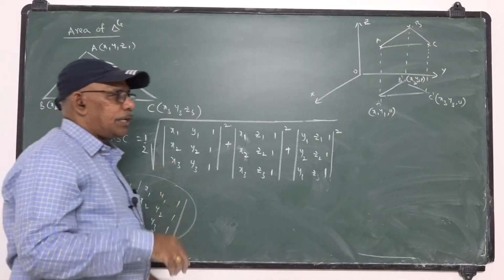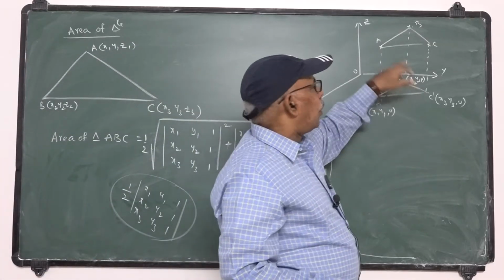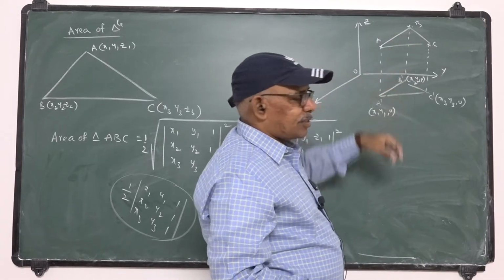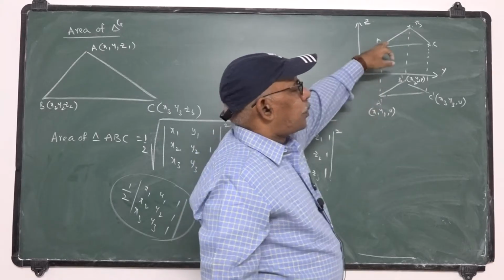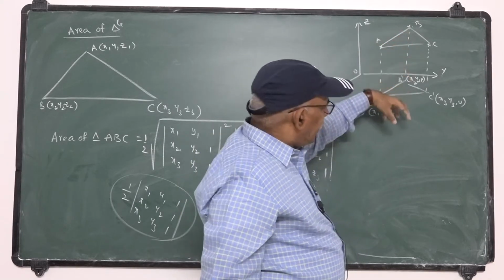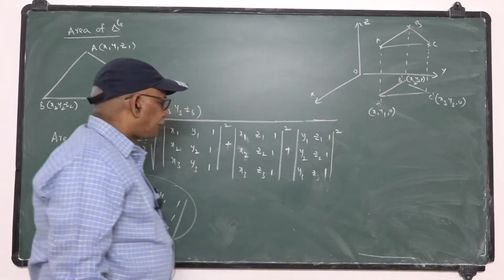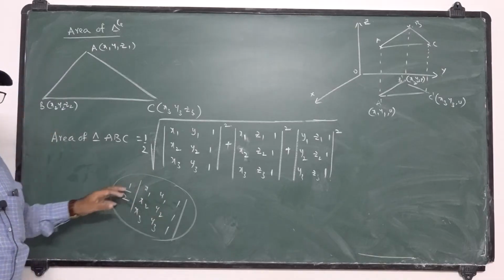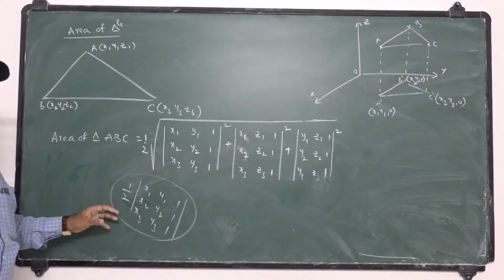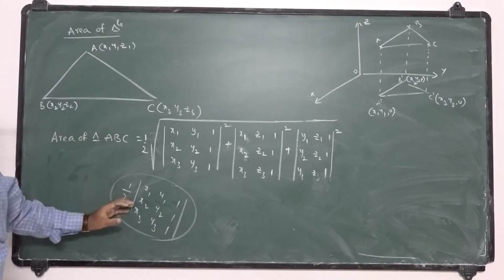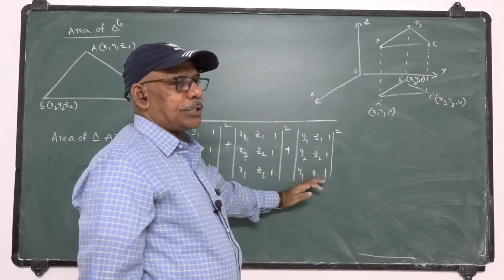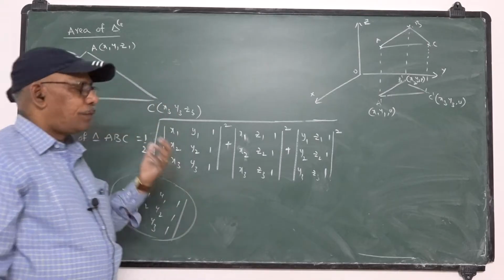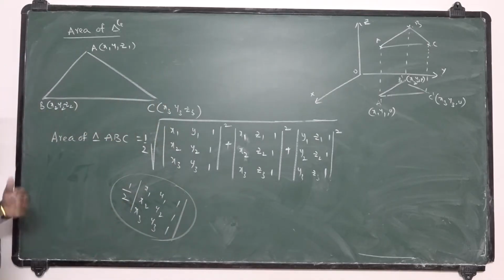Once you join these projection points of the vertices in the XY plane, that gives us the projection of triangle ABC on the XY plane, and the area of that projection. This is on the XZ plane. This is the projection of triangle ABC on the YZ plane.